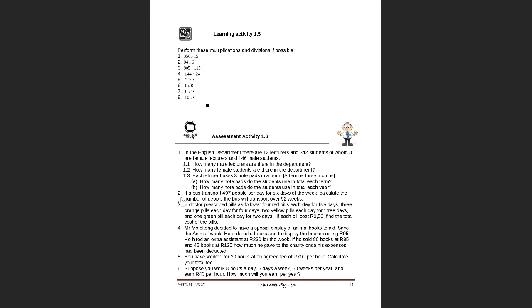How much do you earn a day? You are correct. A day, then a week, times 5.